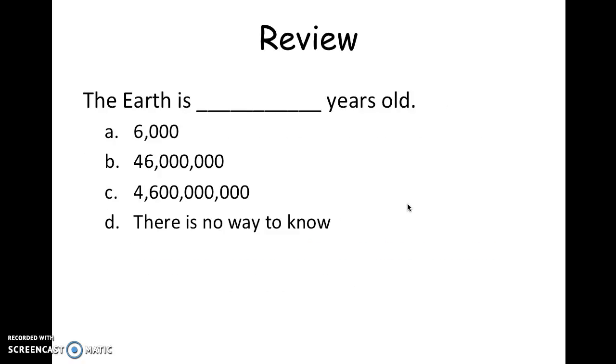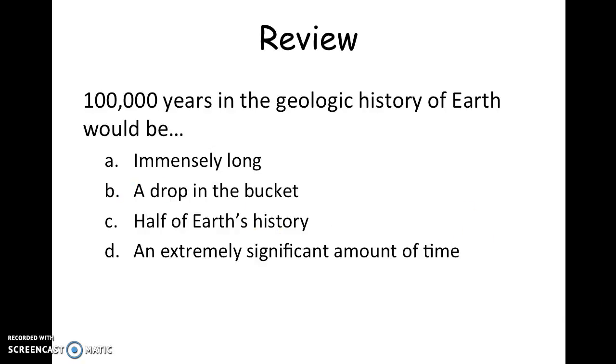How old is our planet? Our planet is 4.6 billion years old, so 4,600,000,000 years old. 100,000 years in terms of geologic history would be just a drop in the bucket.